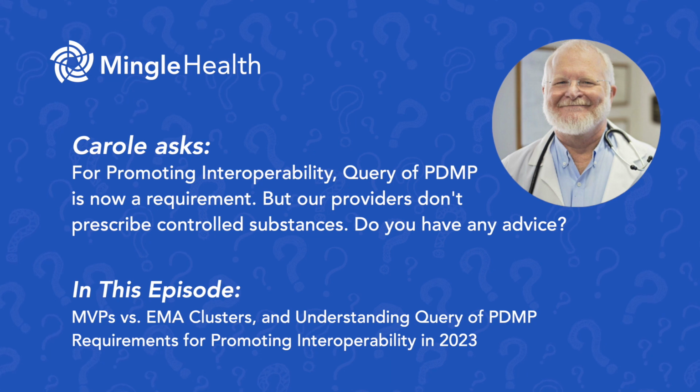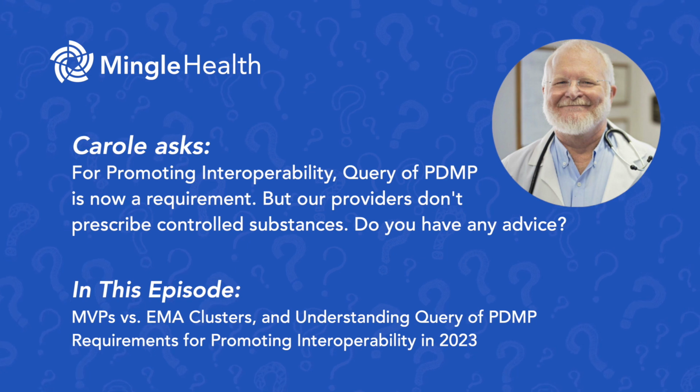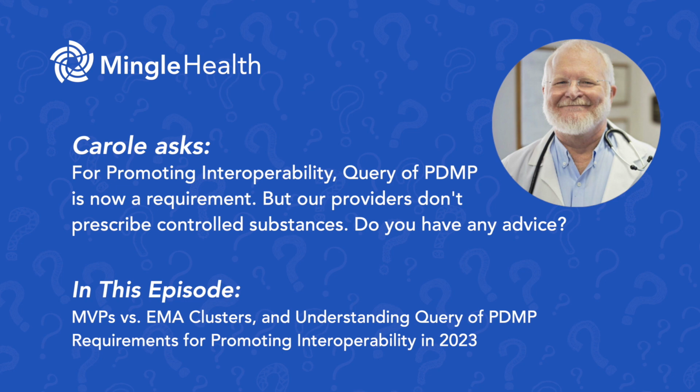Now, the rule states a MIPS-eligible clinician has the flexibility to query the PDMP using data from the EHR in any manner allowed under state law, meaning it does not have to be integrated with the EHR. It doesn't have to be automated unless that is the only way your local program permits query. It does not require credentials for EPCS. It's applicable to electronic or manually written prescriptions.